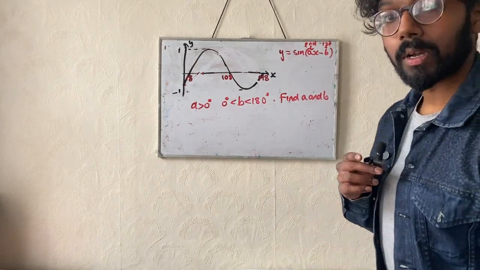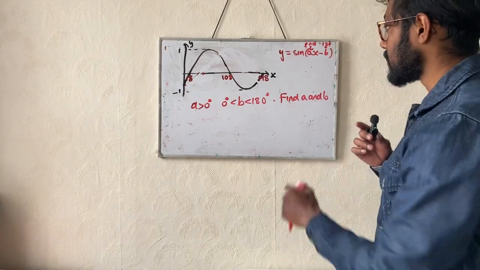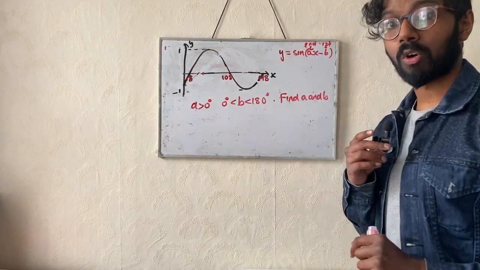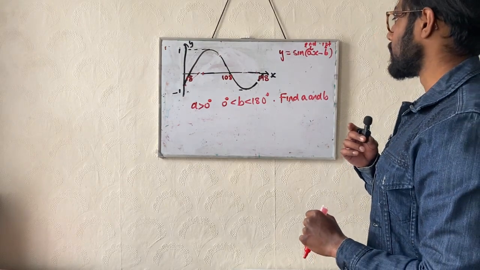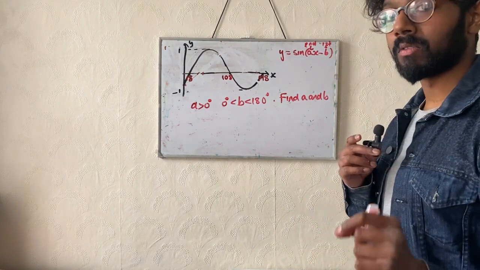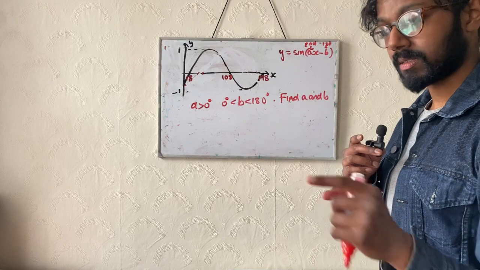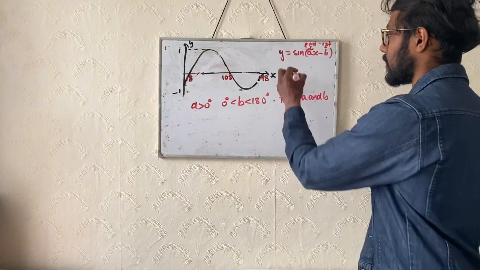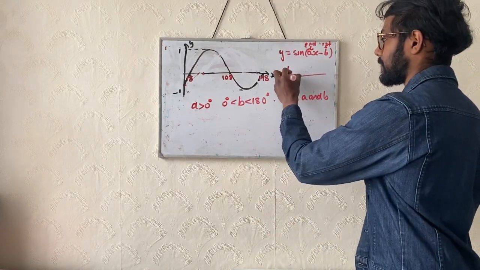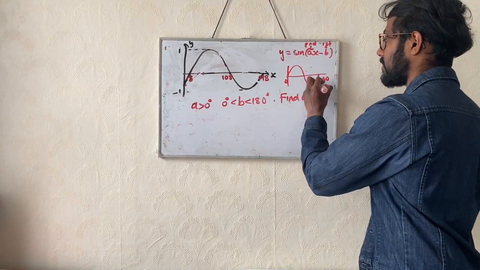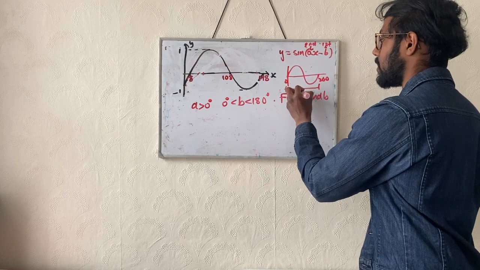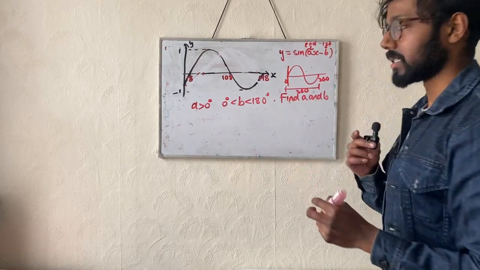The first one I'm going to work out is the value of A, and as we said, A represents a stretch horizontally by scale factor 1 over A. So I'm going to use the period of the standard sine graph to work this out. A standard sine graph goes from 0 to 360, and the period, or the width of one oscillation, is 360 degrees.